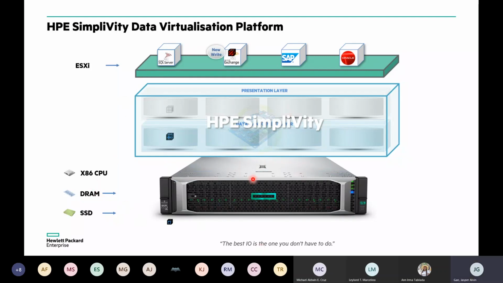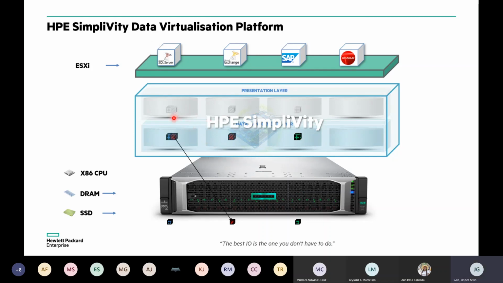So the advantage of this is we do this inline at the inception of the data. We don't need to write it first and then optimize the data later in the cycle. We do this inline, so real time. We get to analyze the data, see if it's unique. Then as it sees this red block, it's unique, so it writes it to this. It compresses it.